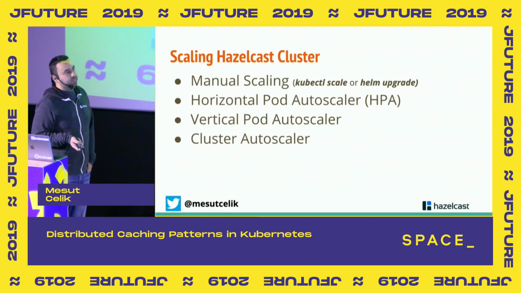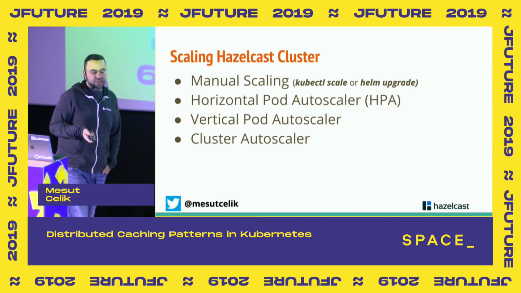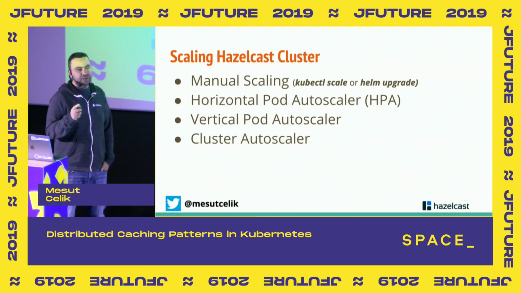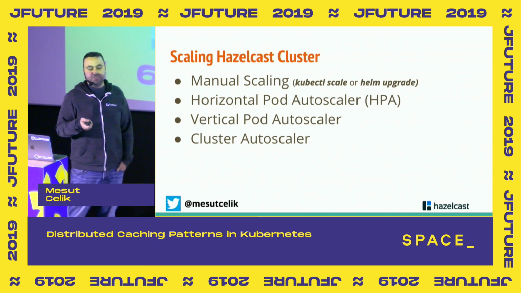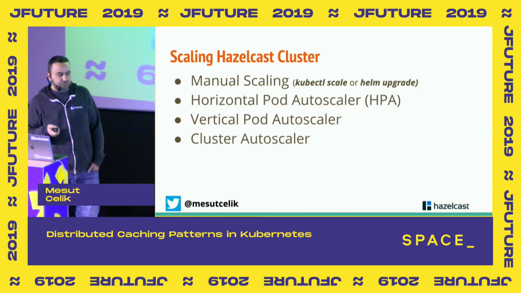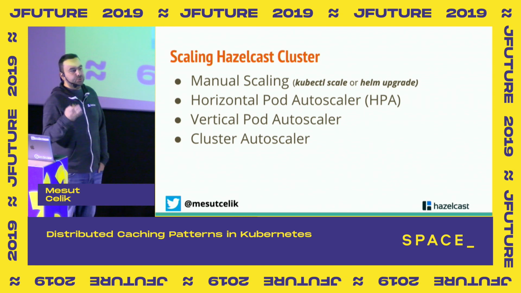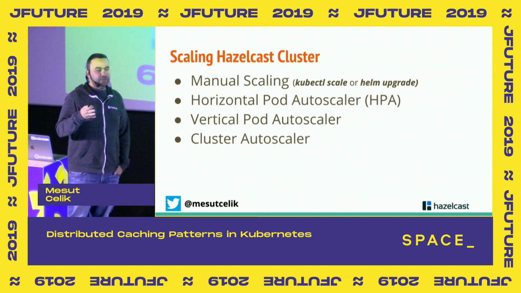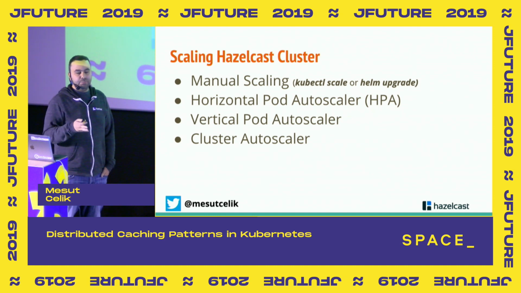The other solution is horizontal pod autoscaler. This is not manual, but some kind of intelligent autoscaling based on your metrics. There are 2 metric types here. One is resource metrics, which is basically CPU and memory usage of your pods or Kubernetes nodes, and has nothing specific to your application.